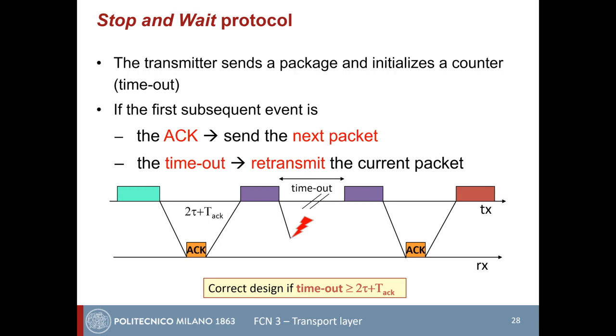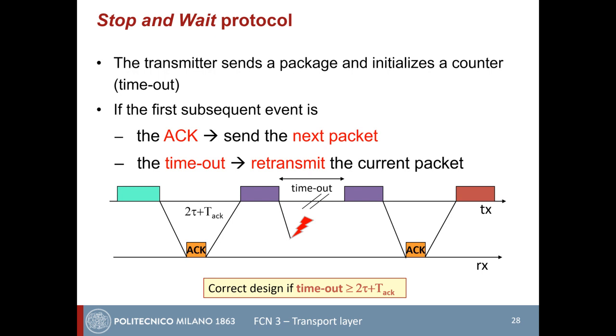If the timeout is larger, then you are safer, because this value is predicted, okay, but there may be some extra delay in some cases. Or if you're not able to predict the value exactly, then a margin is desirable. Okay, so you should design the timeout a little larger than that value.